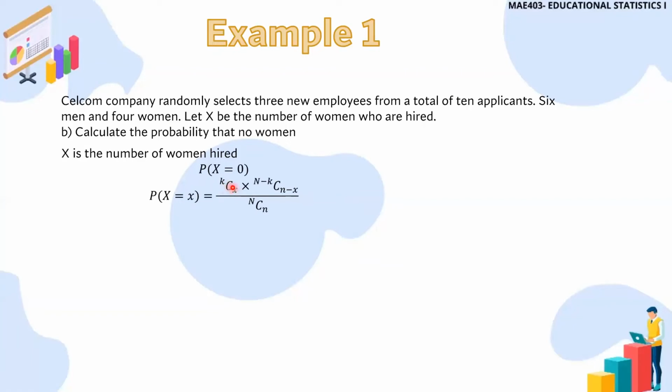No woman is selected, so x here will become 0. The total population and sample size stay the same. So just substitute x with 0, K with 4, the population is 10 and the sample size is 3. Then you will get the probability that no woman will be hired by the Cellcom company is 1/6.